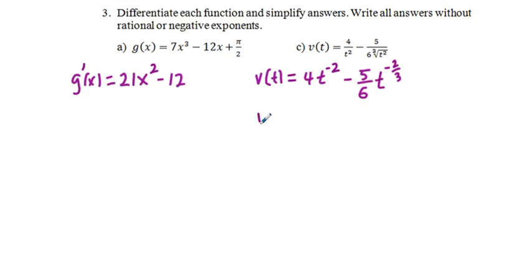Next, for v prime of t, we have to make sure that we make the transition correctly. Now, we haven't taken the derivative at this point of what we've written so far, but now it's going to be the derivative.